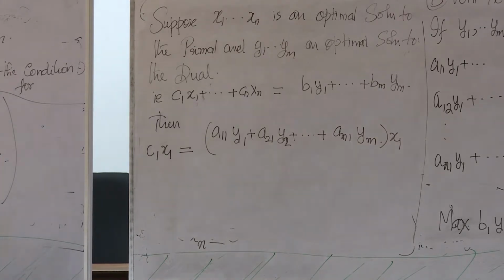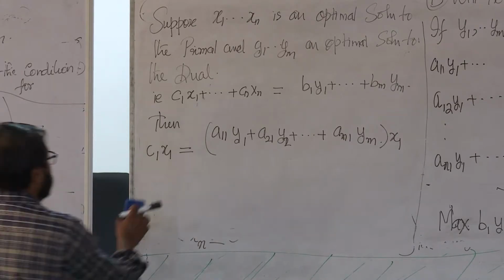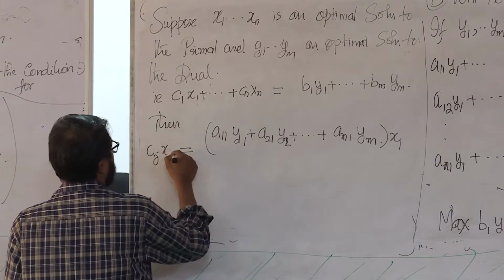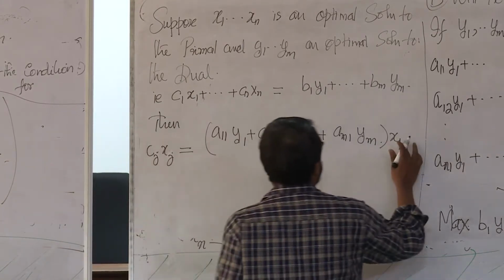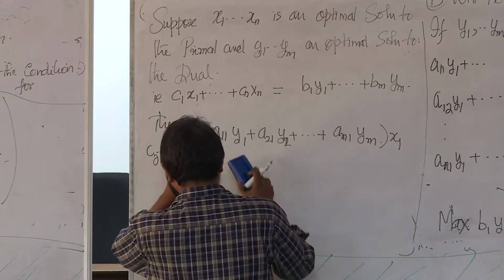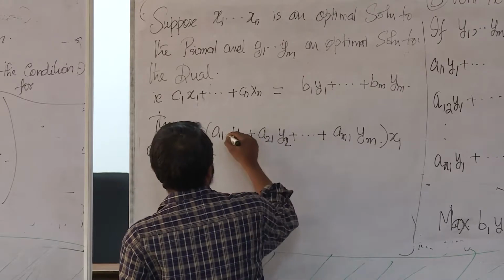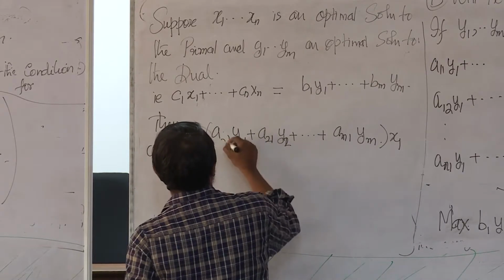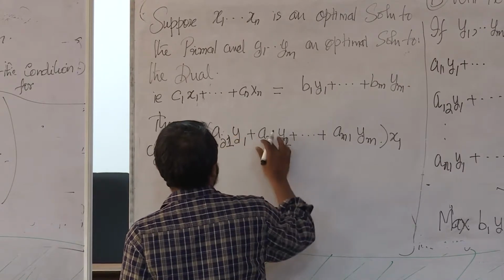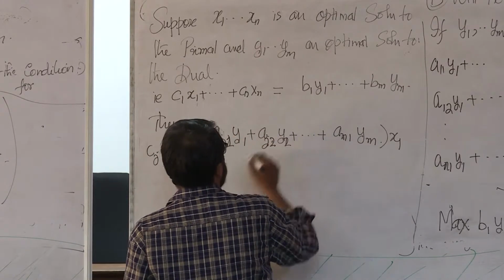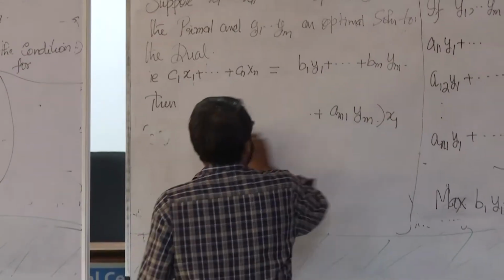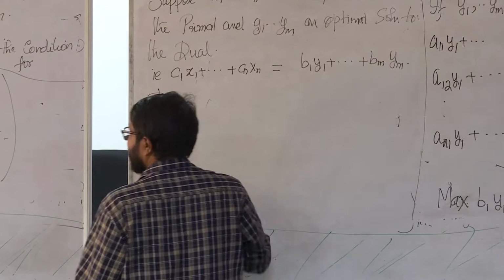So, I am going to write for each j, cj xj will be equal to aj1 y1 plus aj2 y2. This confuses people more, I suppose. So, let us write it out.